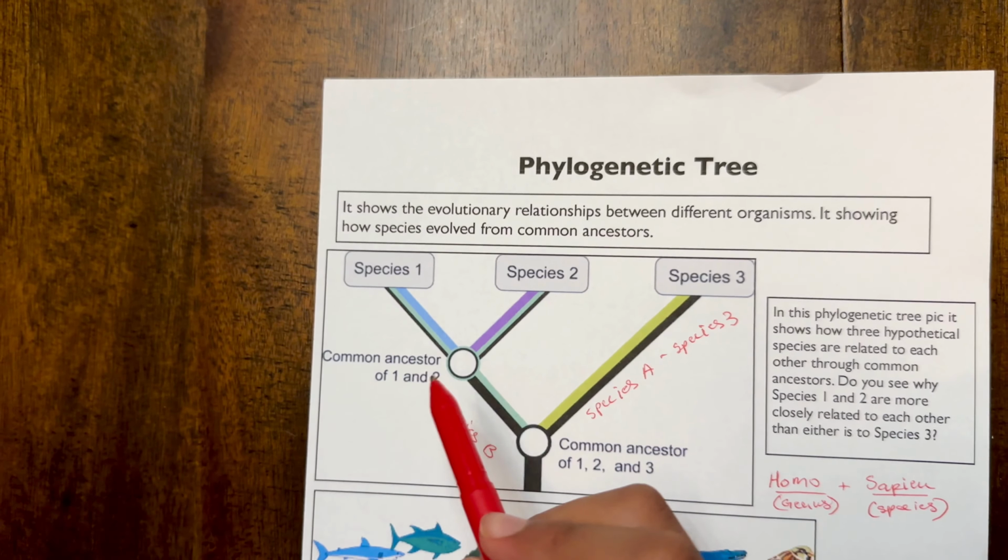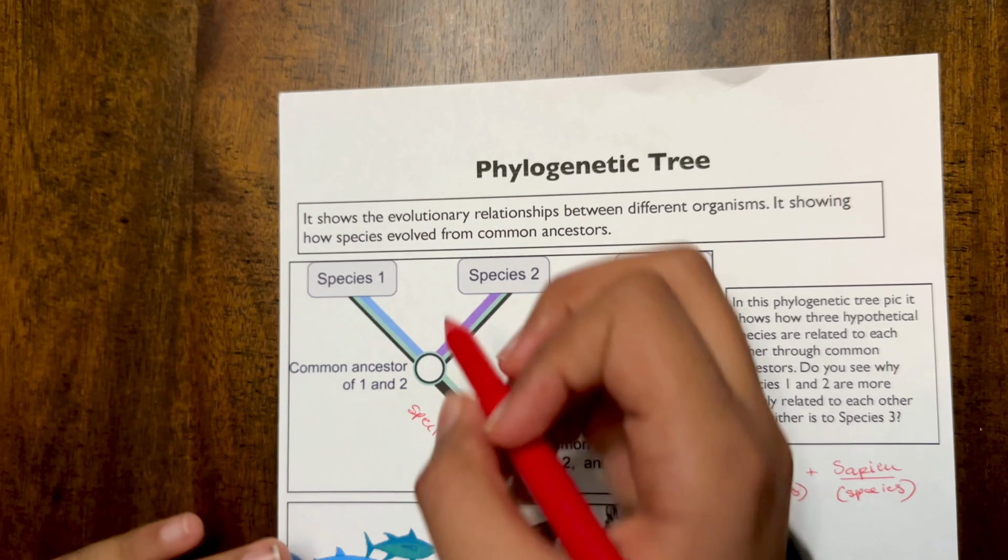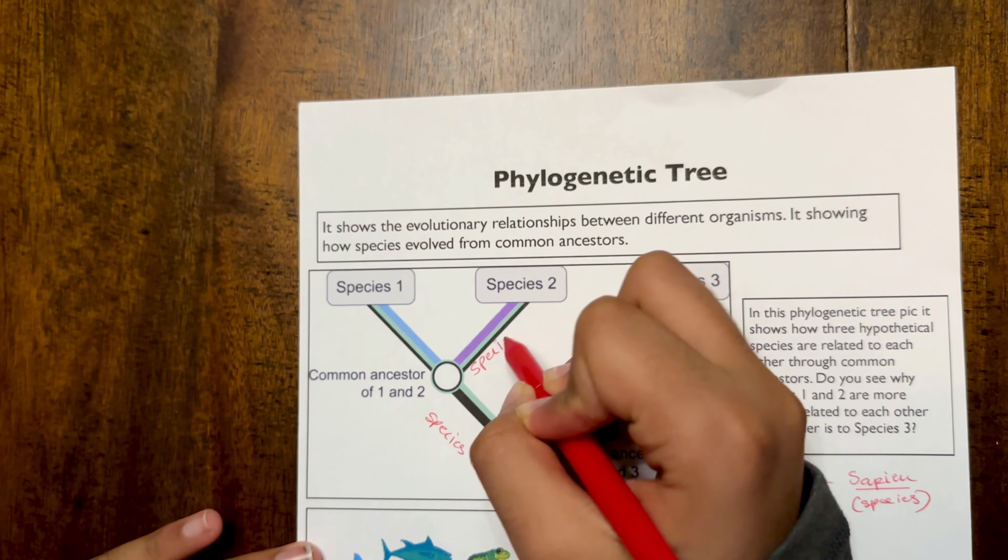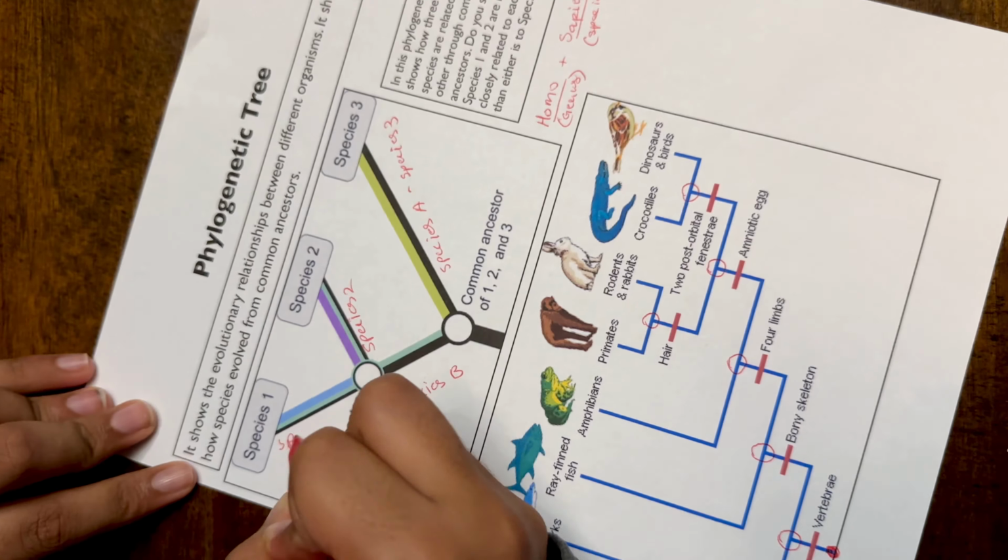Either that's climatic or diet or habitat, whatever it is, we end up with species 2 and species 1.